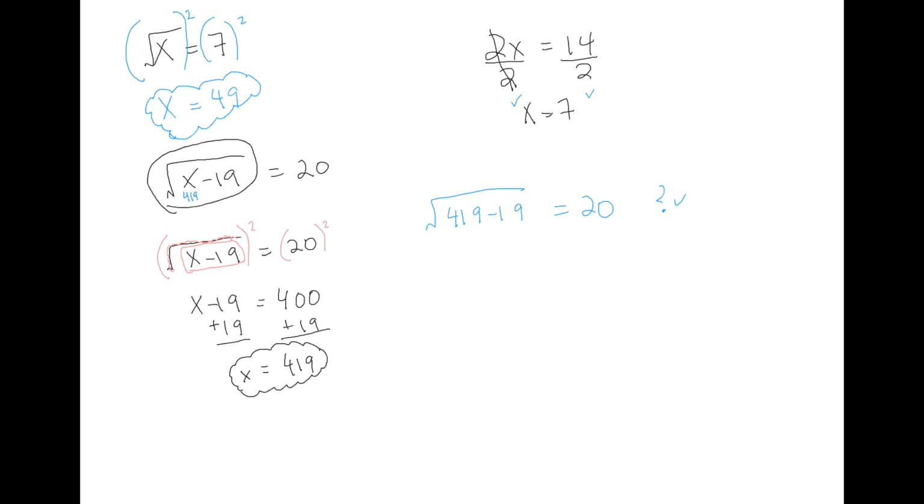What's 419 minus 19? 400, right? What's the square root of 400? 20. It just gets large very quickly because you're multiplying by itself, not by 2.